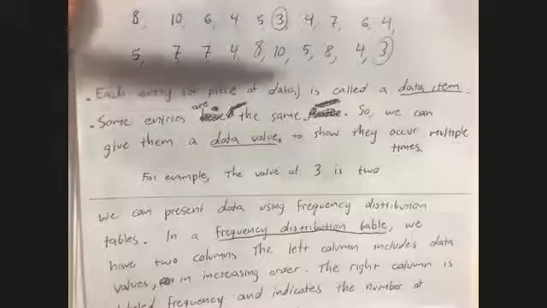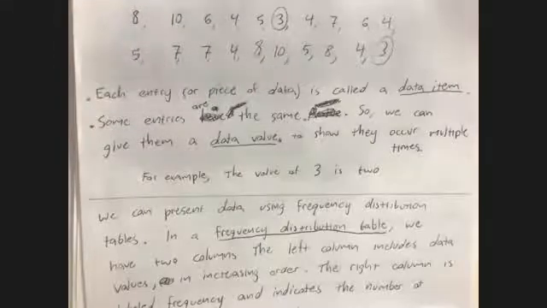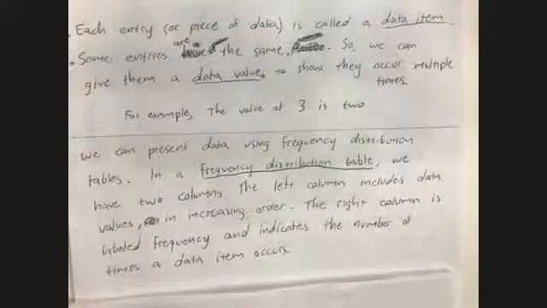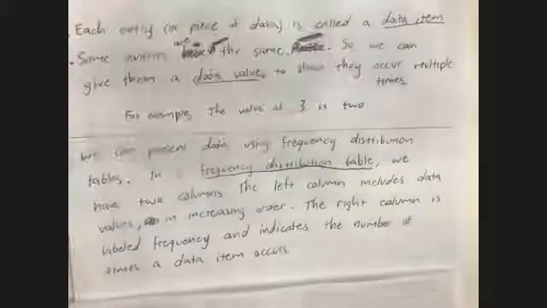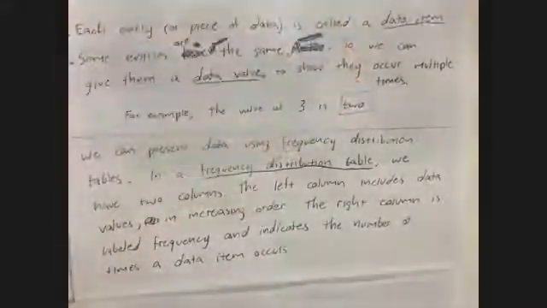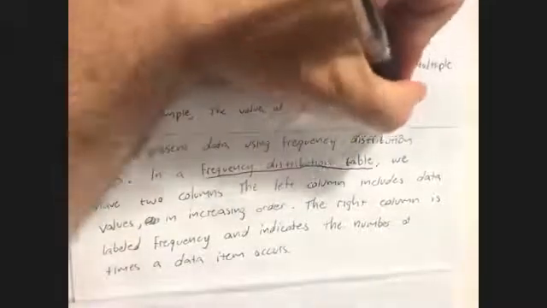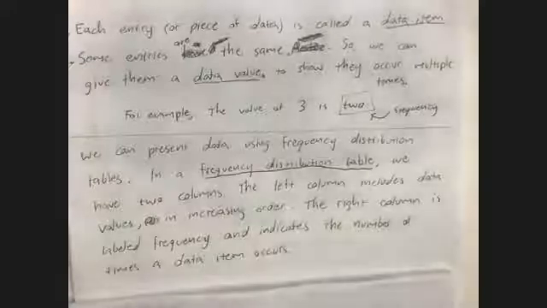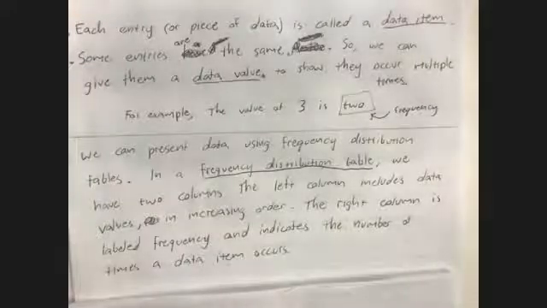So I would list these all in increasing order. Okay, the right column is the frequency that it occurs. So that's what this is. The frequency of 3 is 2. That's how many times it shows up in this data set.